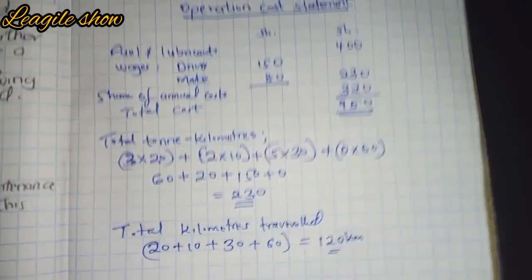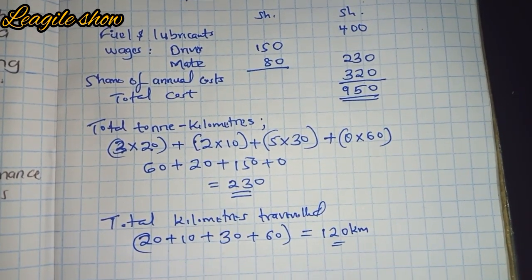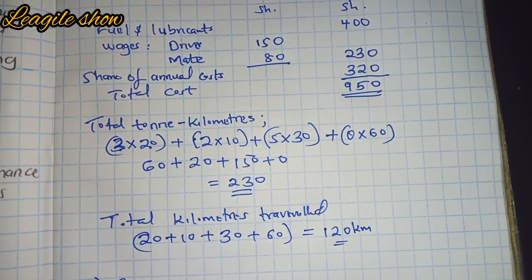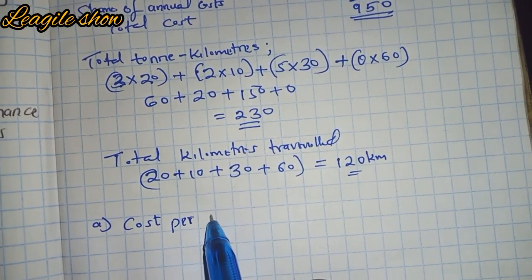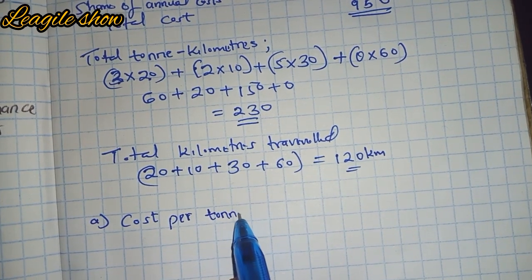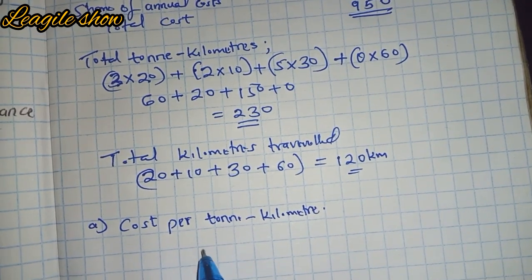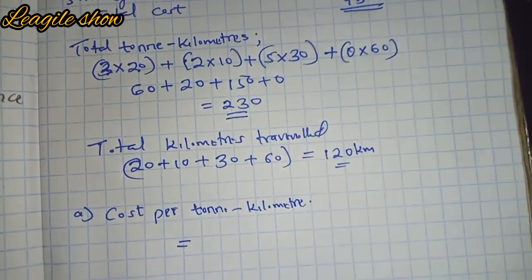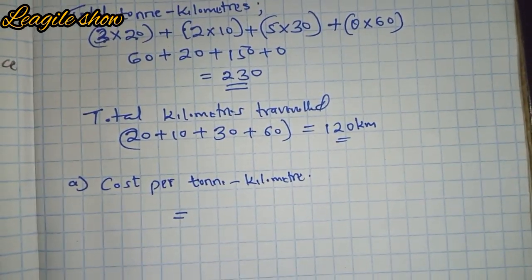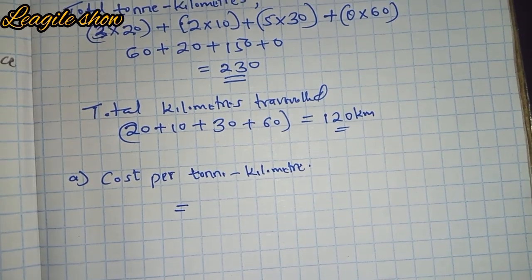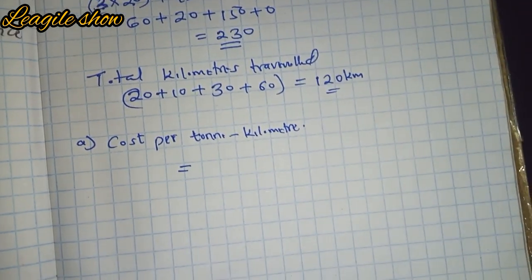So for you to now calculate, let us check the first one. We were told to look for the cost per ton kilometer. How do you get this? From our previous video, if you can remember, we said the cost per unit of service is the total cost per period over the number of service units supplied in the period.